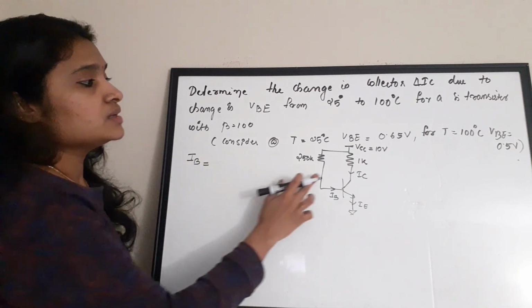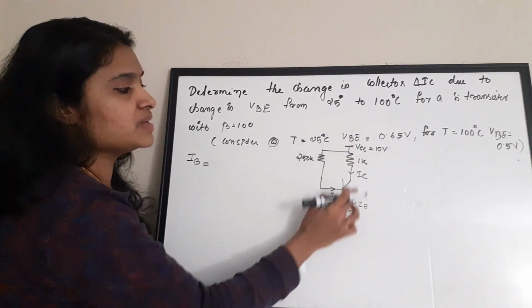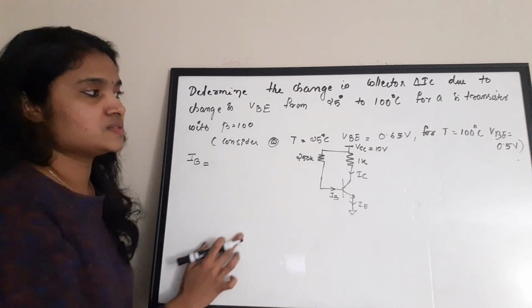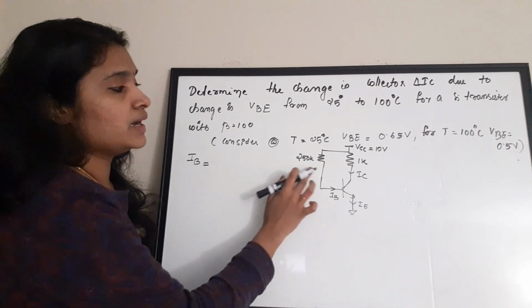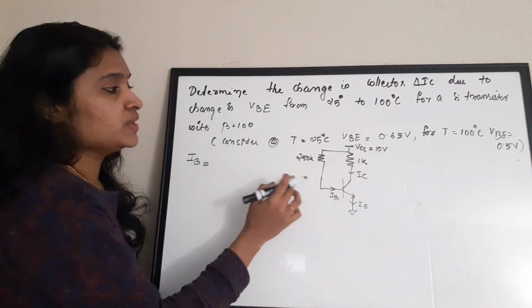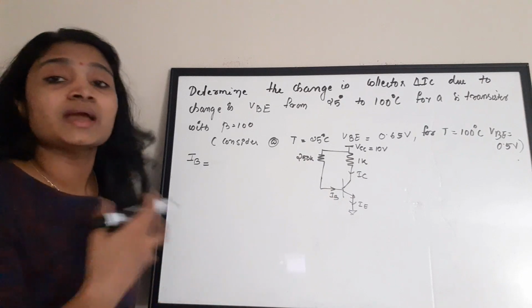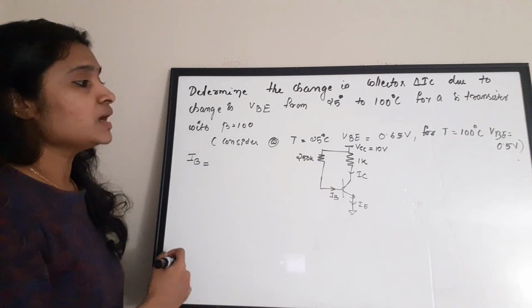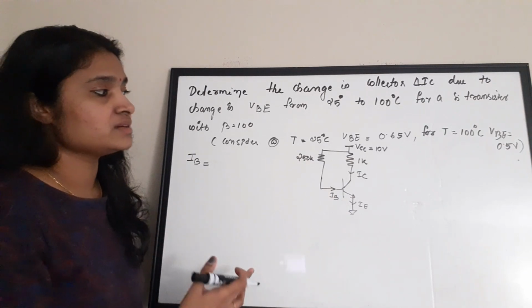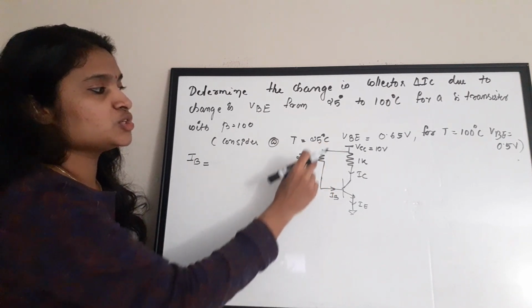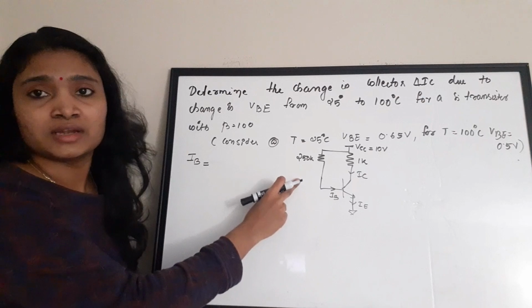Let us see. So here we know that the base is actually connected to a 250K resistance, and this is connected to VCC. So the current flowing through this resistor will actually be the base current, right? And what will be the value of current flowing through that resistor? It will be the potential difference divided by the resistance value.